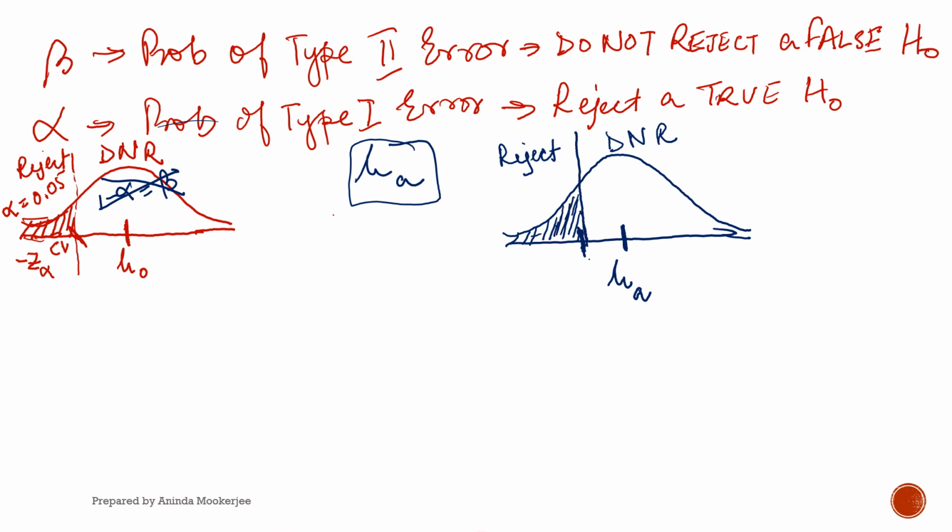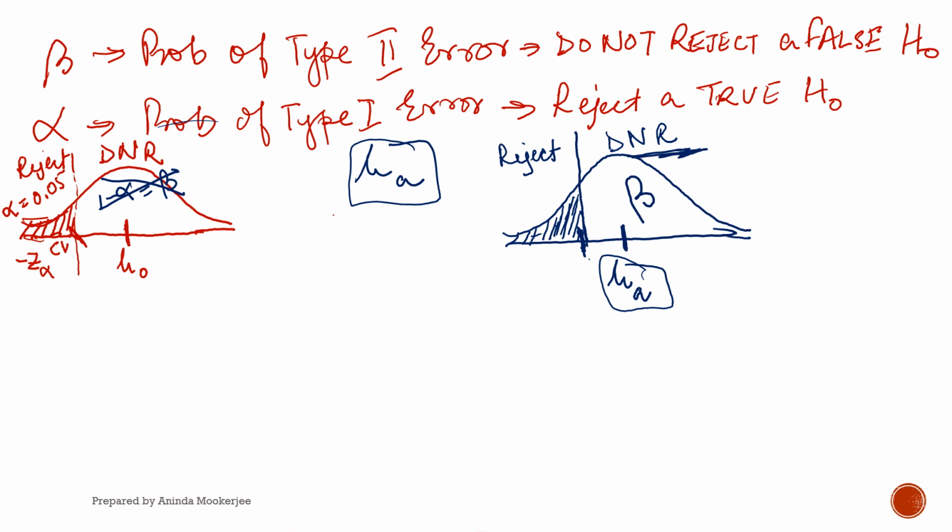It may expand, becoming a broader reject region, or it may become a smaller reject region, based on the value of the alternate mean. And the beta value is going to be the do not reject region area of the newly drawn figure.